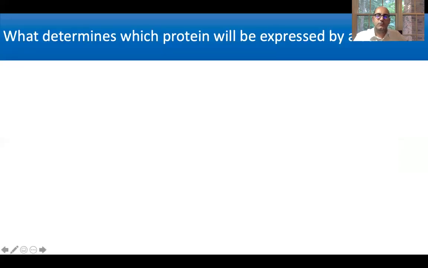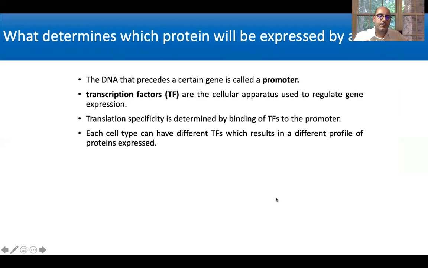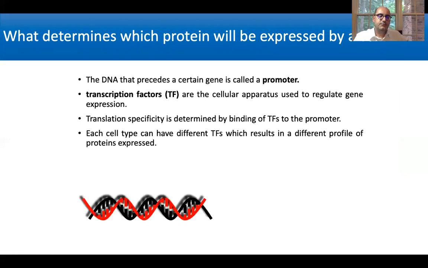So what determines which proteins will be expressed by each cell? Well, the gene is preceded by a certain fragment of DNA that is called a promoter.